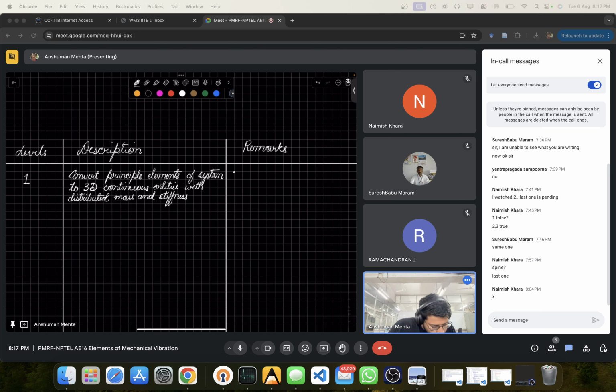So the remark is that in this format, it has infinite degrees of freedom, and there is no viable solution in most of the cases. Only in very special linear cases is a solution there.